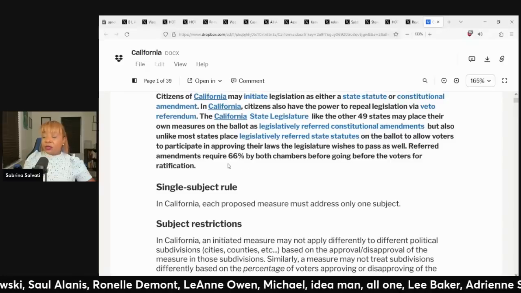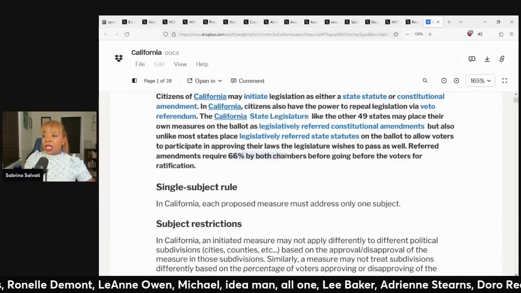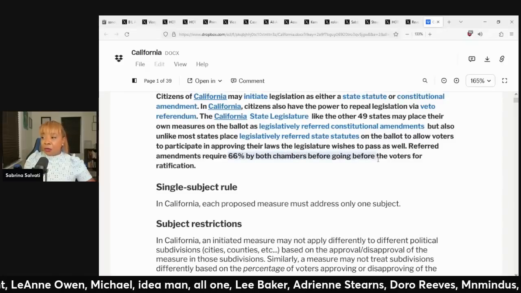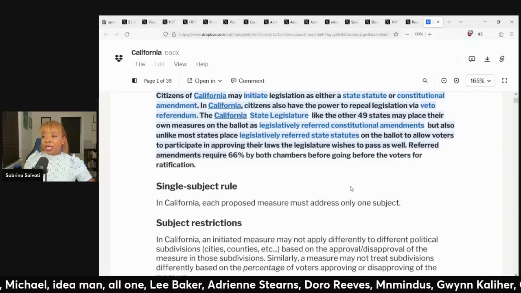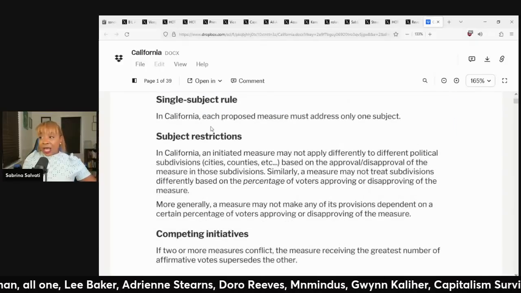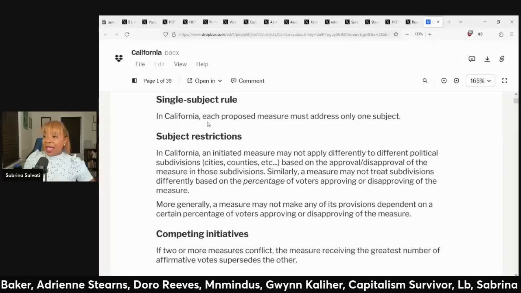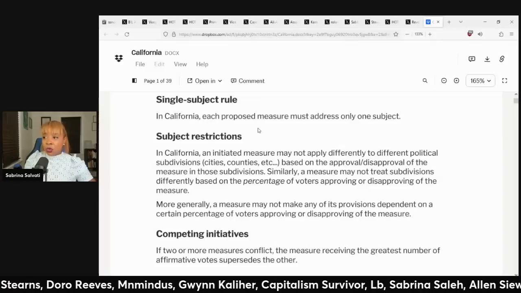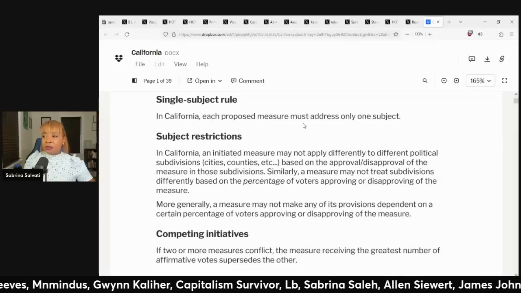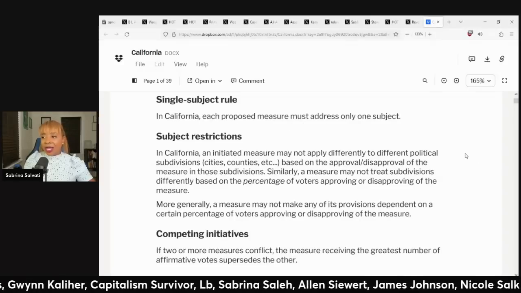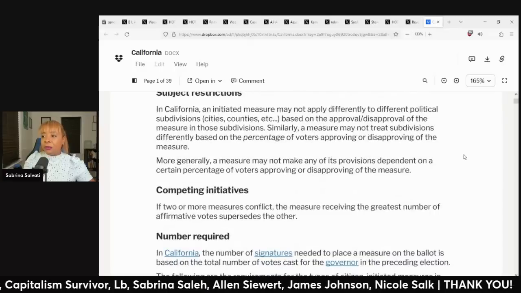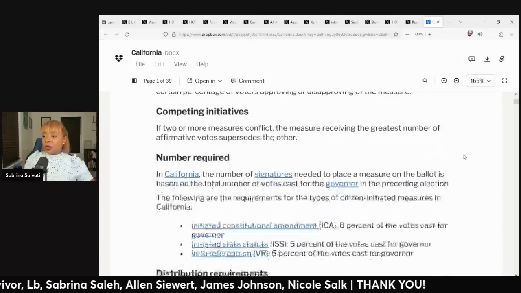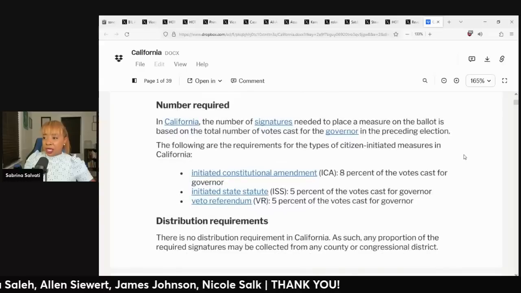Referred amendments require 66% by both chambers before going to the voters for ratification. Like a lot of other states, they also have this single subject rule. In California, each proposed measure must address only one subject. So you can't have multiple subjects addressed on one measure here.